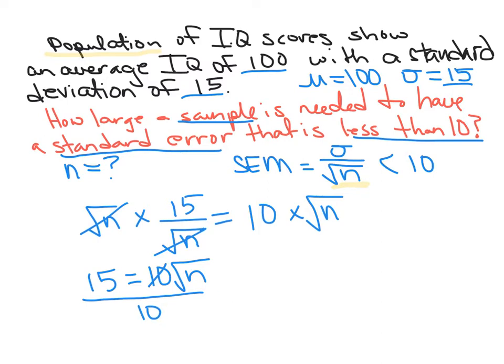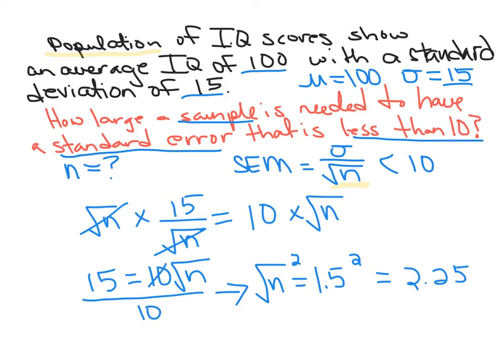So then you have the square root of n by itself equals 1.5. But we want to find out what n is, so to get rid of the square root, we need to square both sides. We square 1.5, and it ends up being 2.25.